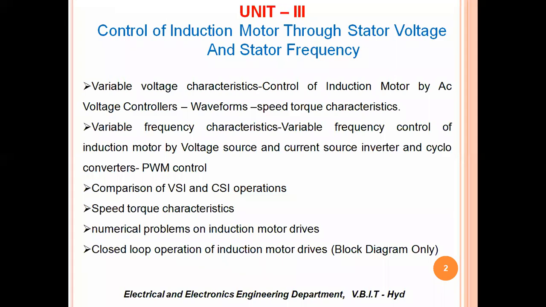We need to vary the voltage in order to control the speed of the induction motor. So we will draw the speed torque characteristics here along with the waveforms, and this voltage control can be done by AC voltage controllers.